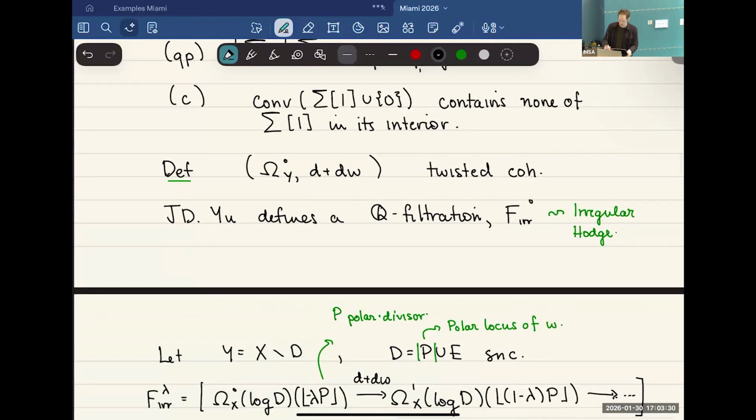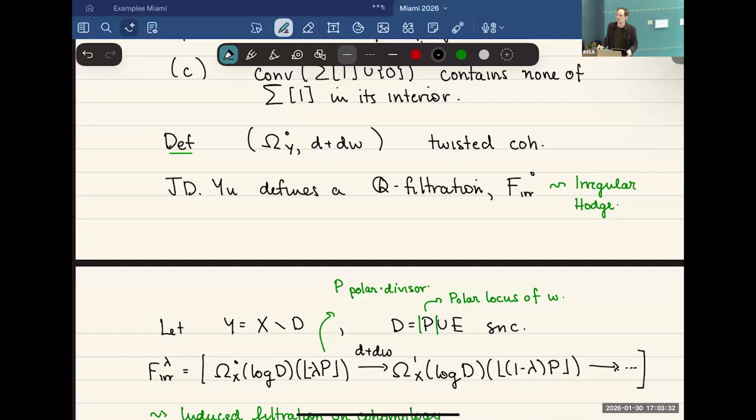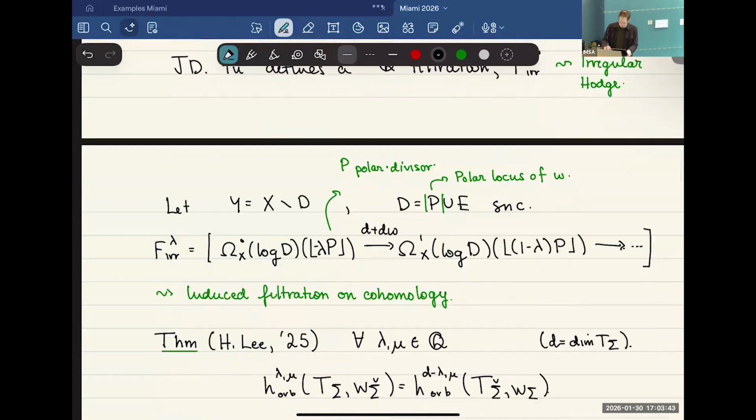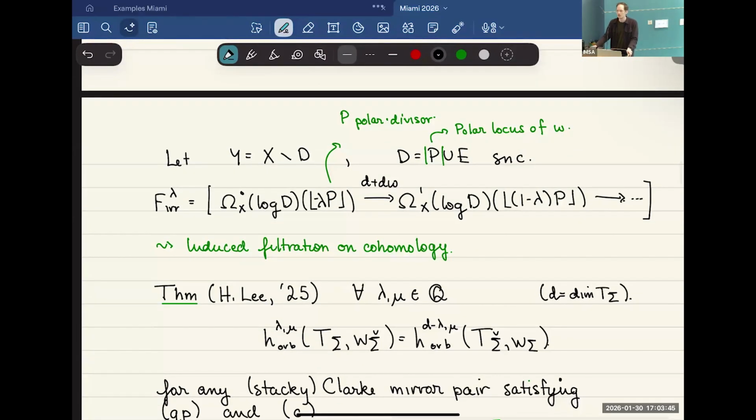That induces a filtration labeled by some rational number. Then in the theorem downstairs, you have two rational numbers. Yeah, okay, that's a good point. So there's a second rational number that I swept under the rug here.